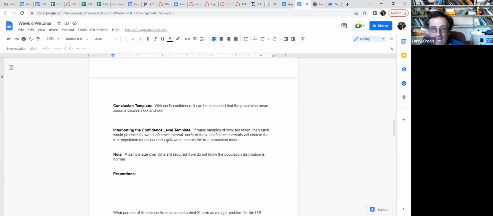In this case, mean XXS, that would be age of first kiss. And whatever percent, like 5% in our case, won't contain the true population mean. That's a template that'll help you get it set up, because remember, you have an exam you have to take this week, and having that template helps out.